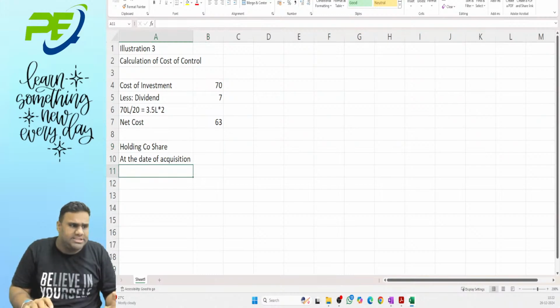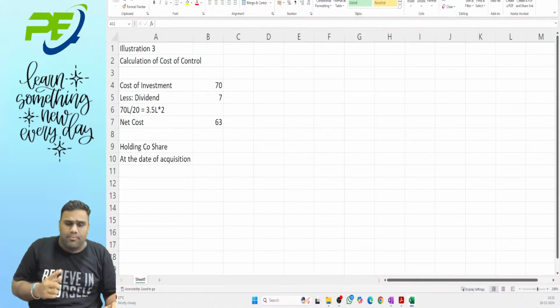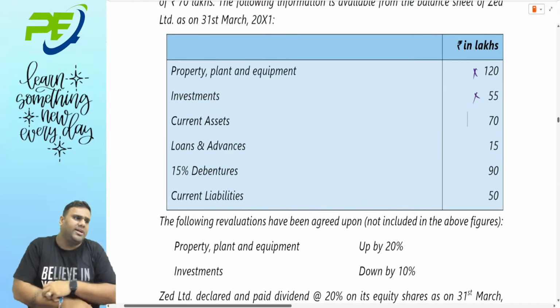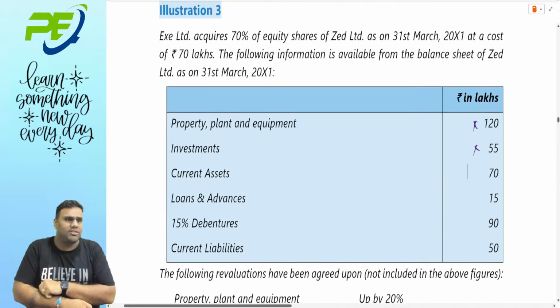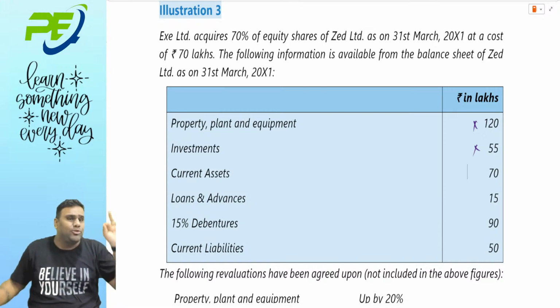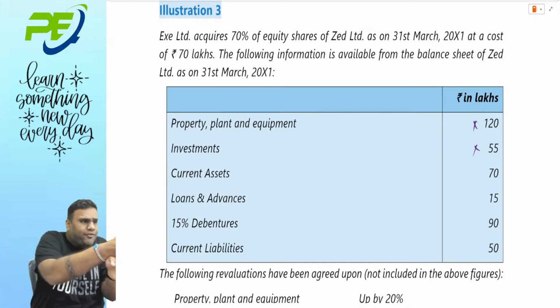Now, holding company share at the date of acquisition. The point is, should we take the revalued figures or should we take the book values? Revalued figures. You should read the question carefully. Revaluation is done at the time of acquisition or after acquisition.